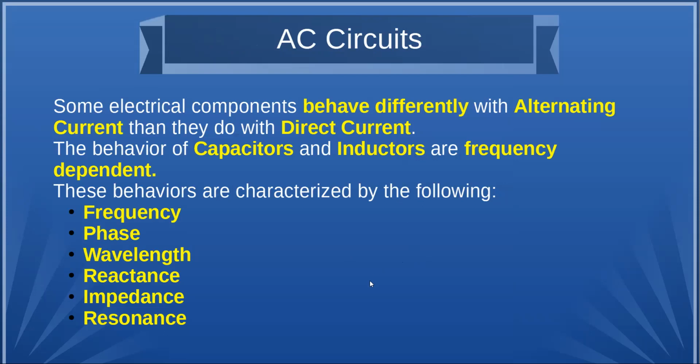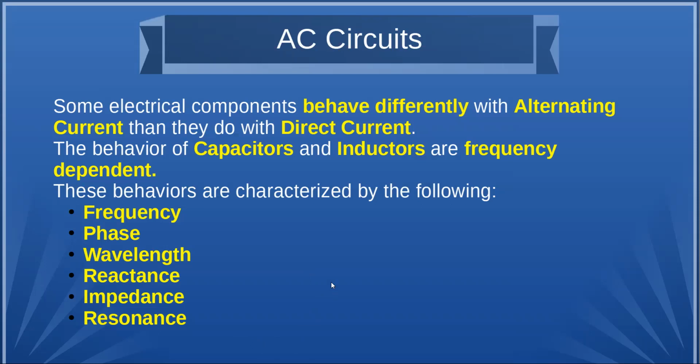Okay, AC circuits. Some components will behave differently, like inductors and capacitors, with alternating current than they do with direct current. And they tend to be frequency dependent, where direct current is essentially alternating current at 0 frequency.